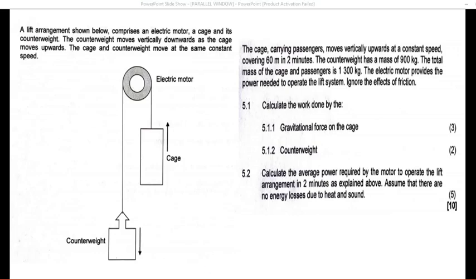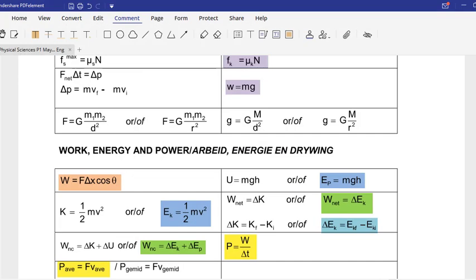So here we have to calculate average power, and we are given information about time. So what we do is we check the formula sheet for power, and we see that power average is equal to the force, this one is an applied force, times the constant velocity. We're not given the constant speed.